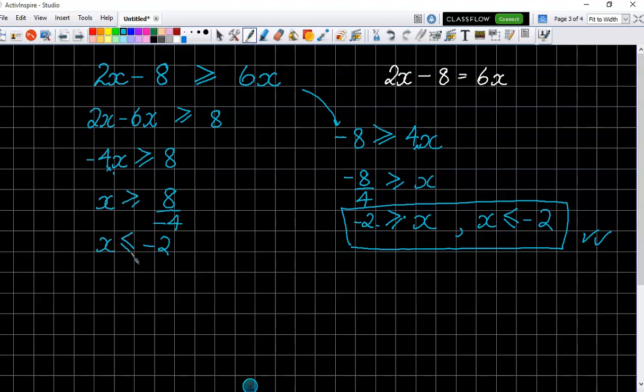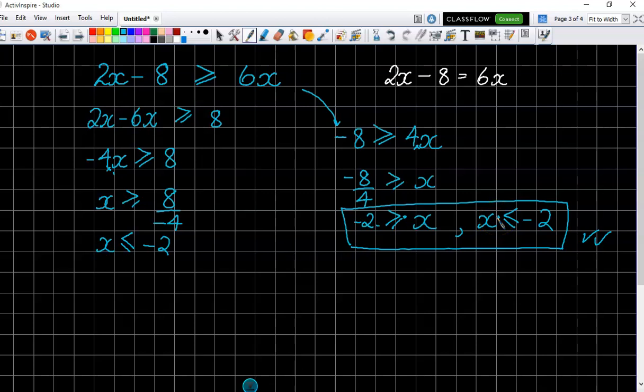So that's the bit. Yes, look, there was a negative here, but can you agree with me that I did not divide by a negative? I divided by positive 4. So I did not have to switch the sign. And technically here, I have not switched the sign because the small point is still going towards my x.